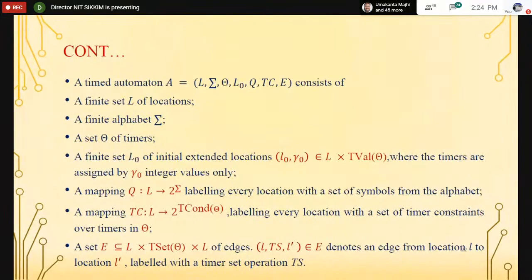So timers are assigned by nu 0 integer values. Now each location is labeled by the L0 word as well as the timing. Then we have to play around with the timing requirements of the system by mapping them.